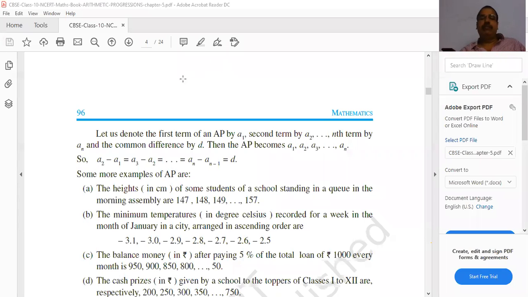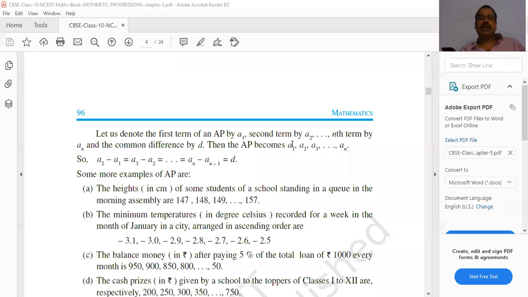And the AP looks like this: a1 first term, a2 second term, a3 third term, an nth term, and the common difference a2 minus a1 equals a3 minus a2 equals an minus an minus 1, that is equal to d. The common difference formula is a2 minus a1, second term minus first term, always.